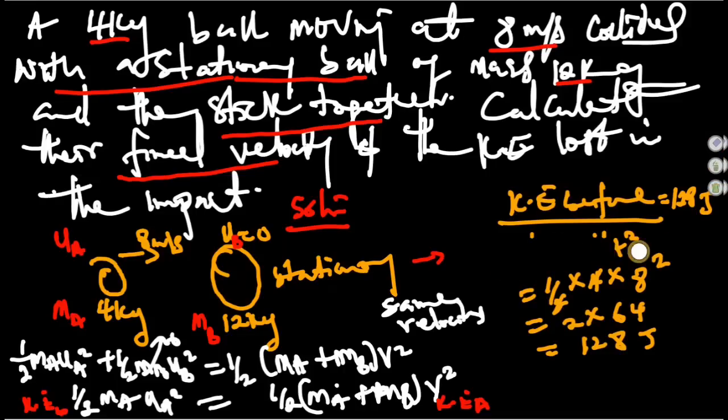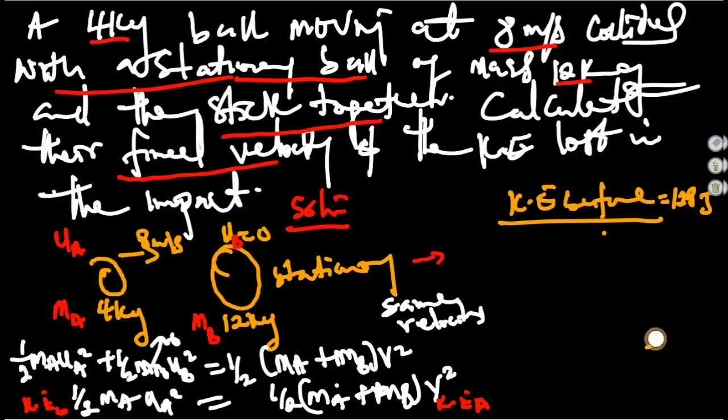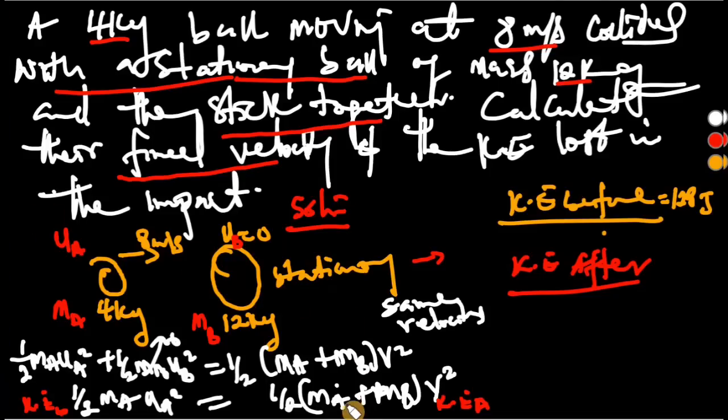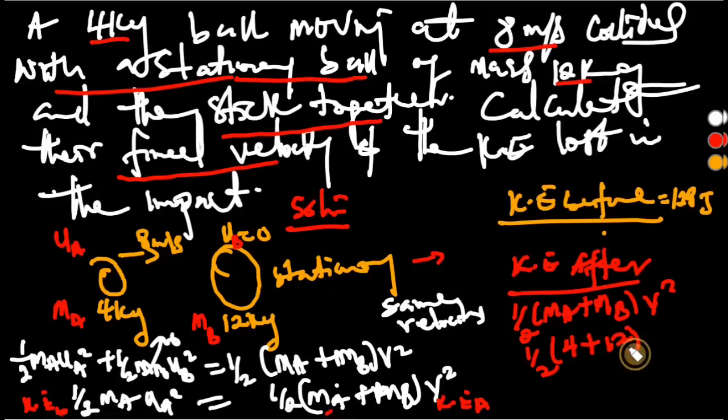So let's now find the kinetic energy after the collision. I write kinetic energy after the collision. So I have half (ma plus mb) all times v square. Half, MA still remains 4 plus MB is 12, and the common velocity we got is 2, so 2 square.